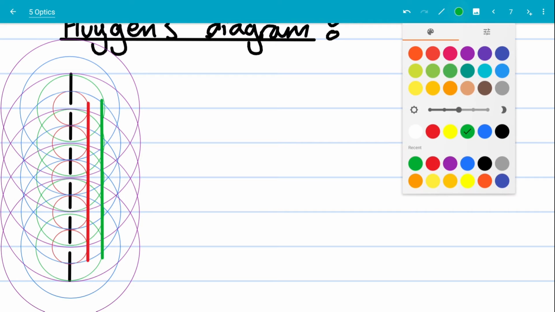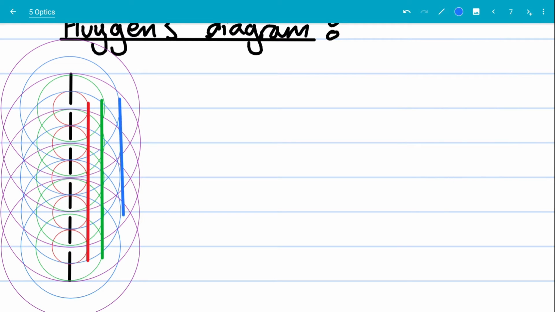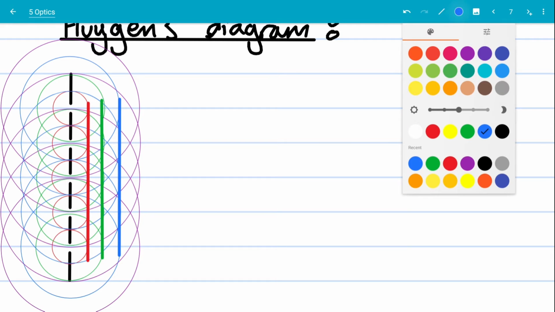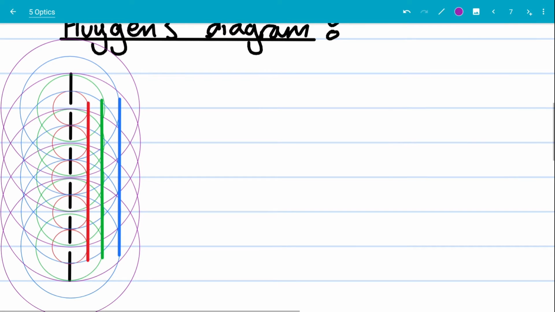Then we'll have the blue ones that will line up some position after that. And then we'll have the purple ones that will line up at some position after that. And so on and so on and so on. So we'll get these wavefronts and I could draw them all going out like that. Right, that's fine. But that would produce the 0th order.